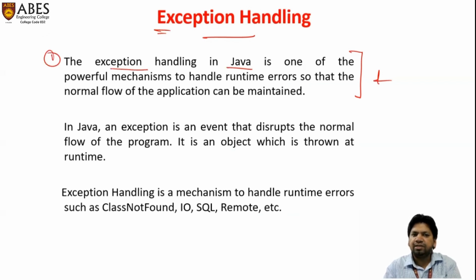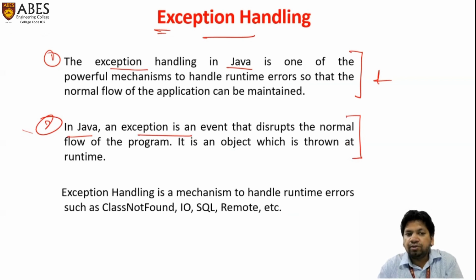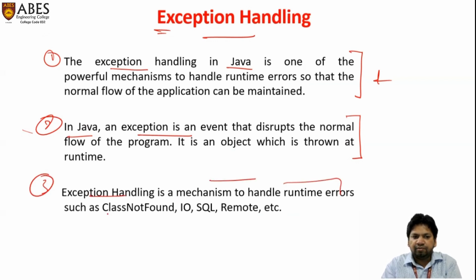That's called exception handling. In Java, an exception is an event that disrupts the normal flow of the program, which is thrown at runtime. Third thing, exception handling is a mechanism to handle runtime errors. Which types of errors? First is class not found error, input output error, SQL error, remote error. So these are errors found during exception handling.